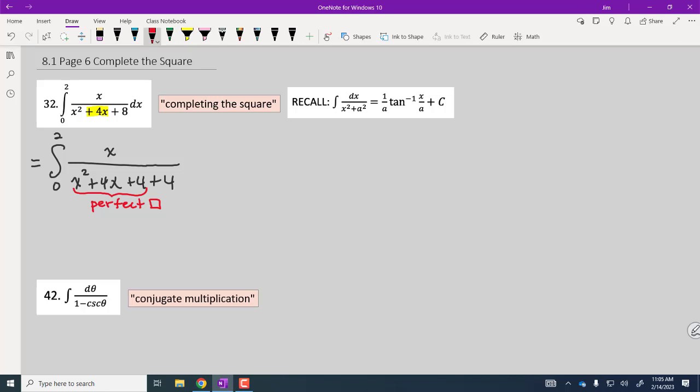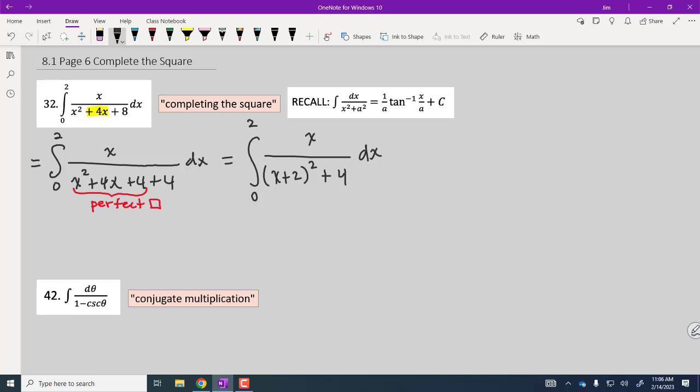So if we know we need a 4 to complete this square, we could borrow it from the 8, or you could add 4, subtract 4, and then combine the 8 with the minus 4, and you would get the same exact thing. So that is fine. How does it help us? Let's see. So the perfect square trinomial, this will be x plus 2 quantity squared plus 4 dx.